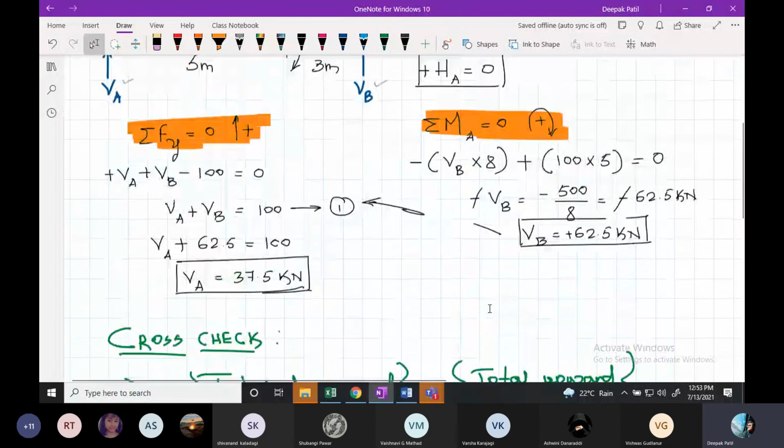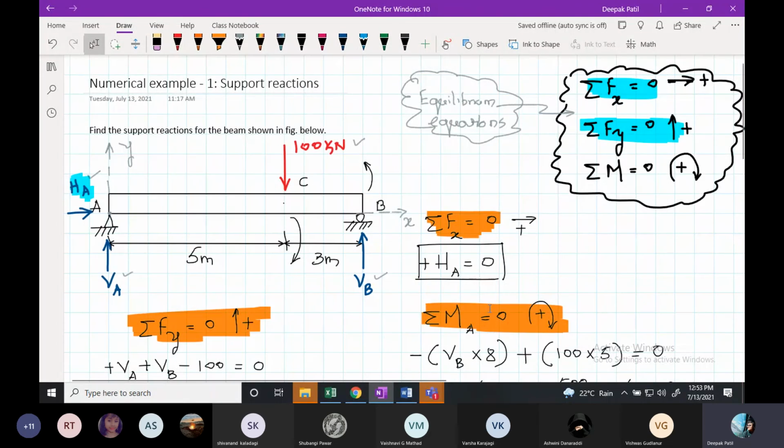What is that cross check? If you see the beam, this 100 is not exactly at the center, right? Let me draw the center line of this beam. 5 plus 3 is 8, so the center line is somewhere here. This distance is 4 meters and this distance is also 4 meters.